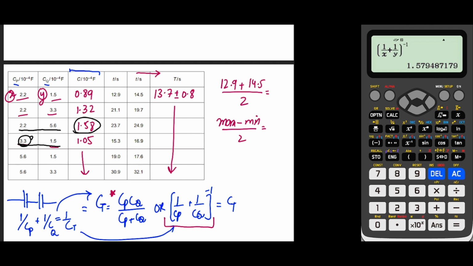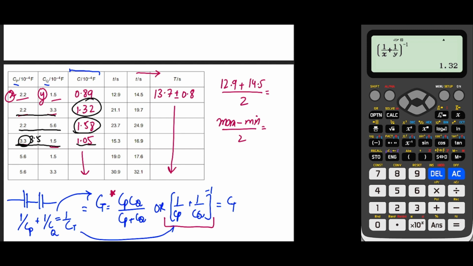But even if for this one I put in 3.5, which I did by mistake, and then 1.5, I get 1.05, which I got right now with the wrong value. Of course, I should have put 3.3. Now let's try 3.3 and 2.2. So calc again. So 2.2 with 3.3, and you can see pressing equals gives me 1.32.